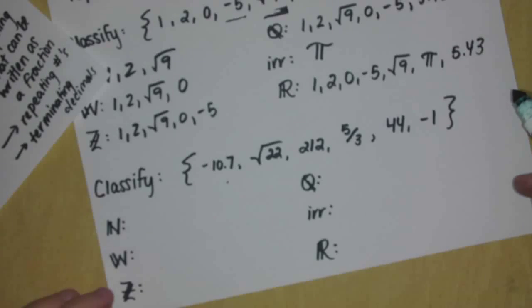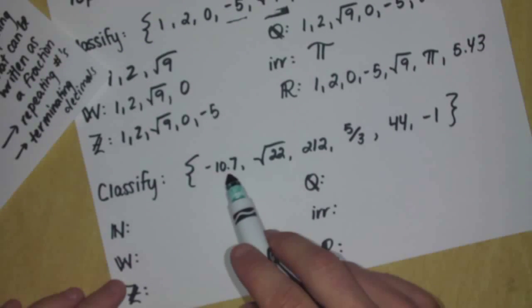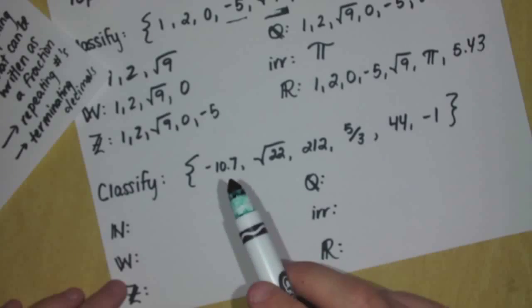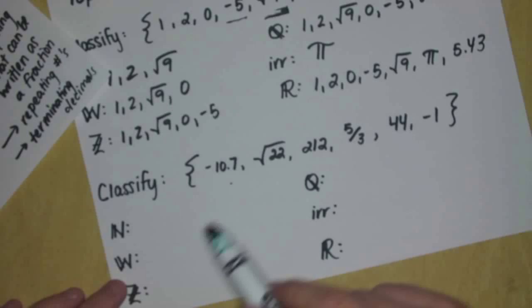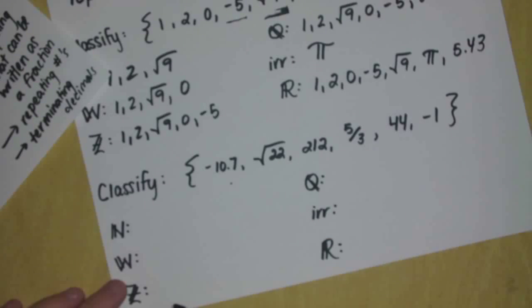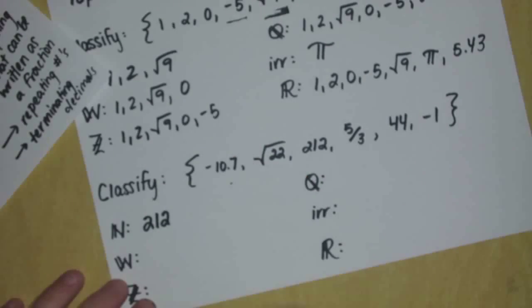We're going to continue going, and we're going to start to classify these. Any natural numbers? Well, no, that's negative. And in natural and whole numbers, what's special about those is they're always positive. So you see that negative number, definitely not natural or whole. Square root of 22? 22 is not a perfect square, so I know it's not going to be natural. 212, that's a number I could count to. 212 is definitely natural.